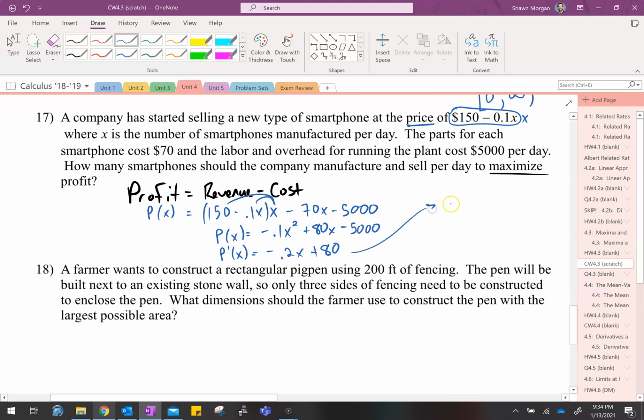Negative 0.2x equals negative 80, if I had set that equal to 0, just subtract the 80 from both sides, divide by negative 0.2. So x equals, let's see here, 800 divided by 2, which would be 400. So x equals 400 is going to be the optimal number of cell phones to maximize profit given the detailed information right there.